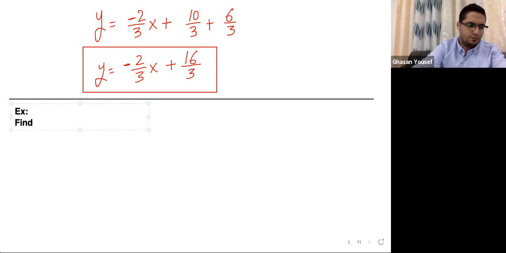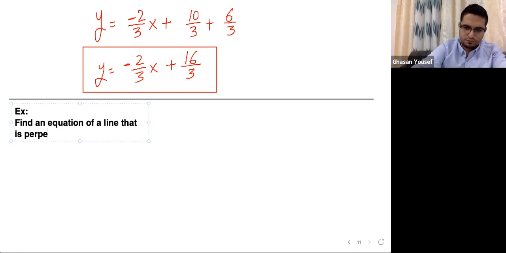Find an equation of a line that is perpendicular to the line 4x plus 6y plus 5 equals 0 and passes through the point 0, 0, the origin.